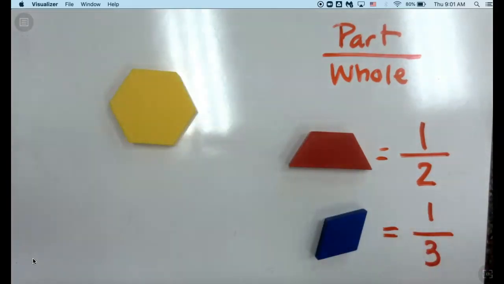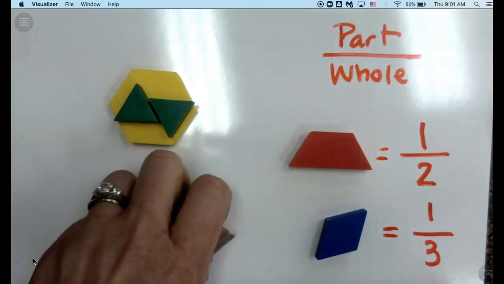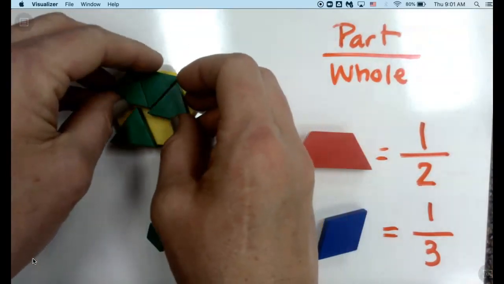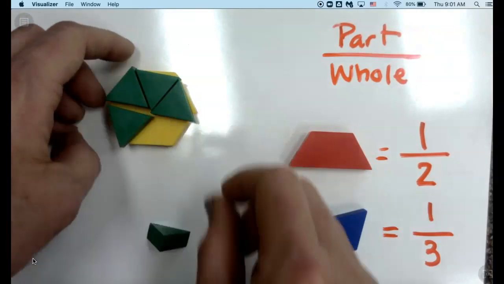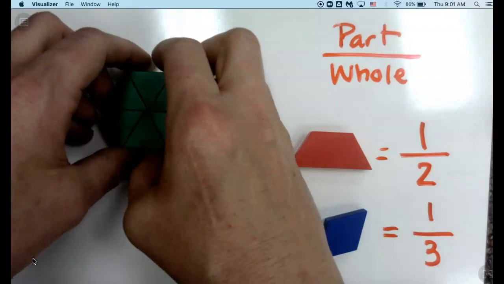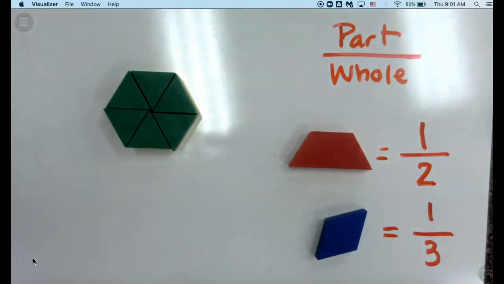All right, final shape. We are going to take triangles and fill up our whole. I bet you could maybe guess how many are going to fill it up. There we go. Okay, so 6 of them fill up our whole here. I'm going to need to use a different space. I'm running out of room.